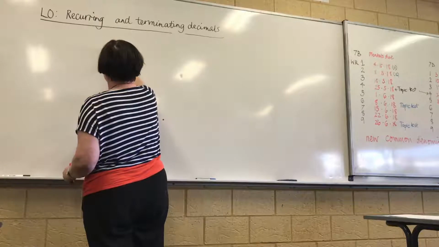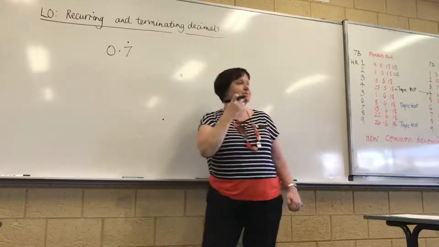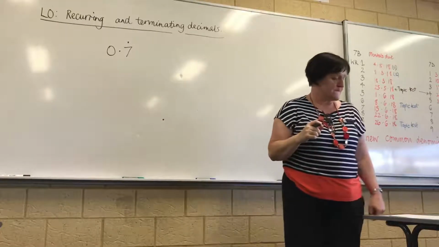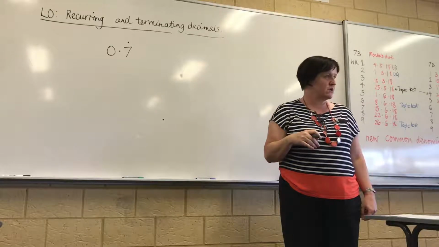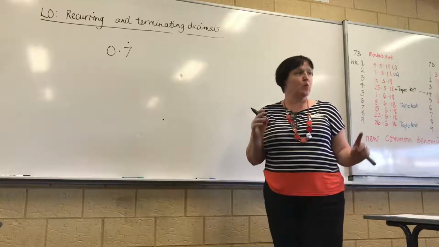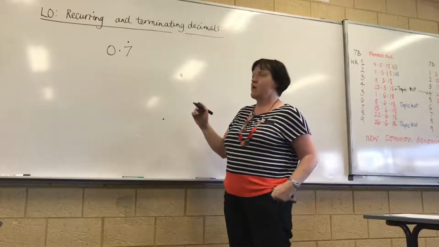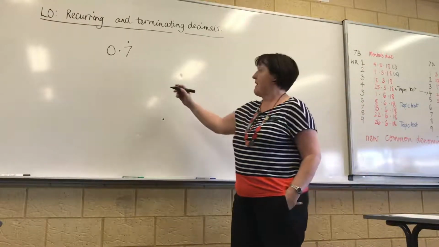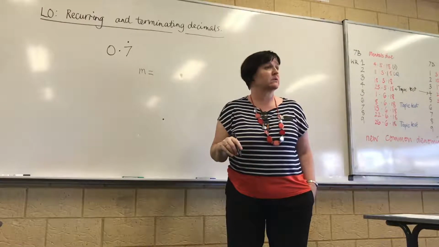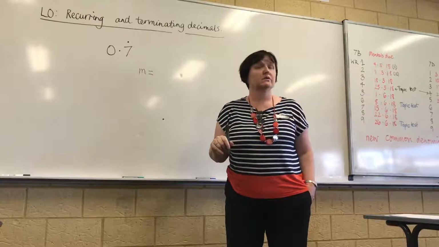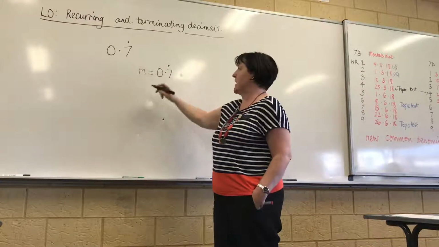So, 0.7 recurring. We're going to do ones with just one digit at the moment, then we're going to move on to ones with 2. So 0.7. m is going to be equal to what? 0.7 recurring.